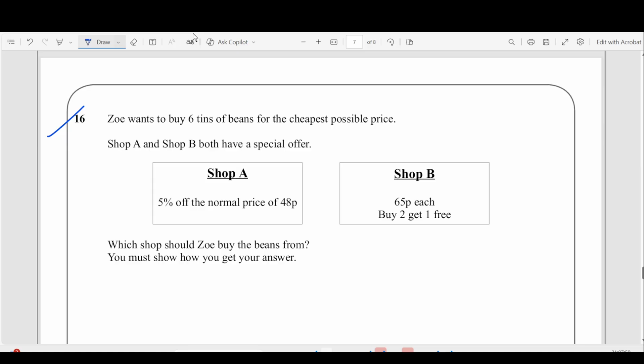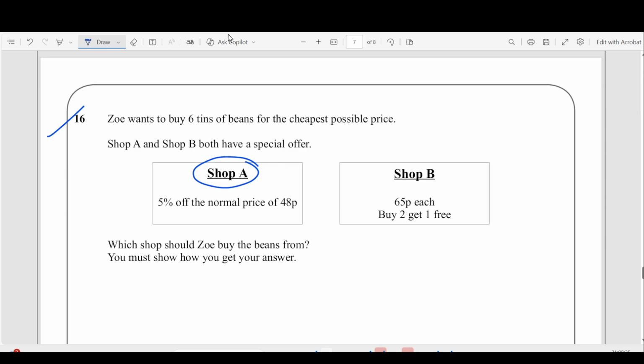Did you get the question? Okay, try it. So first we calculate the cost at shop A. Because shop A has a 5% discount, we need to find that. It says six tins of beans. I'm just checking if there is any other information given.